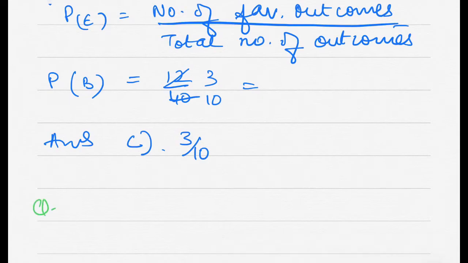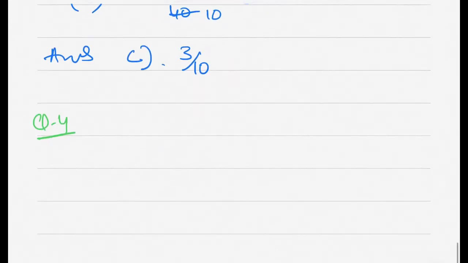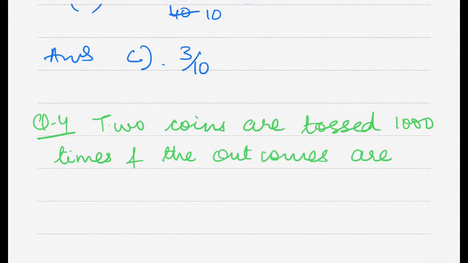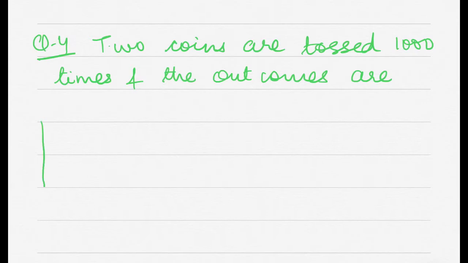Okay, so now let's move to question number 4. Question number 4 says 2 coins are tossed 1,000 times, and the outcomes are, again a table is given to us.